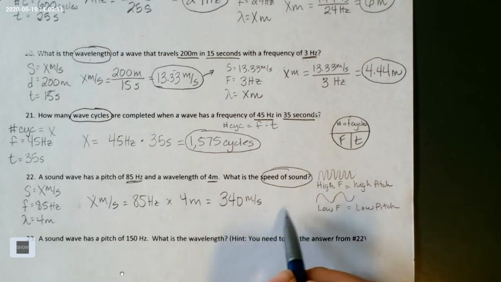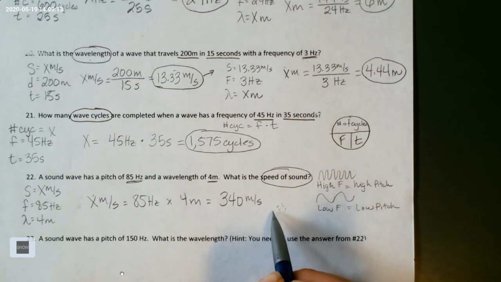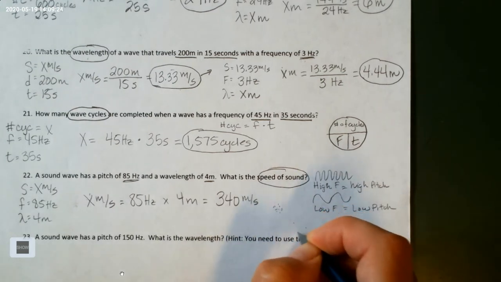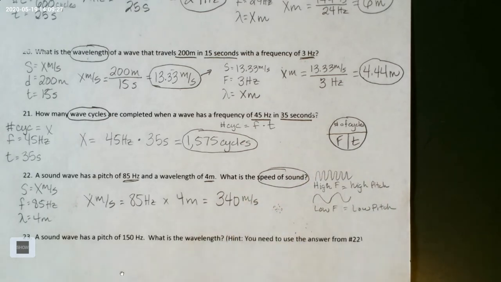That means it likes its molecules packed tightly, because then when the vibration energy moves from one molecule to the other, the faster it can reach the other molecules, the faster sound travels. If we spread out those molecules, that energy has to move farther to reach the next molecule to transfer the energy or the sound. Therefore, sound travels slower. So the higher you go up in altitude, the slower sound gets, because there's less air molecules packed tightly together. That's also why sound travels fastest in a solid. So we got to remember that.